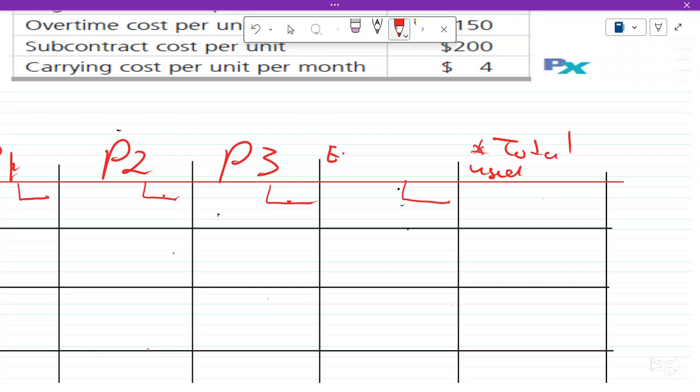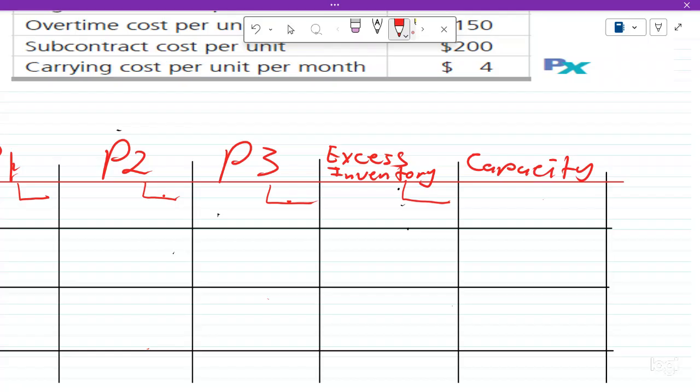So meaning excess. And then this one, you can just say capacity. They like saying total used, but it's more of saying capacity. Sometimes it's total used. And then this one is excess inventory, sometimes not used.